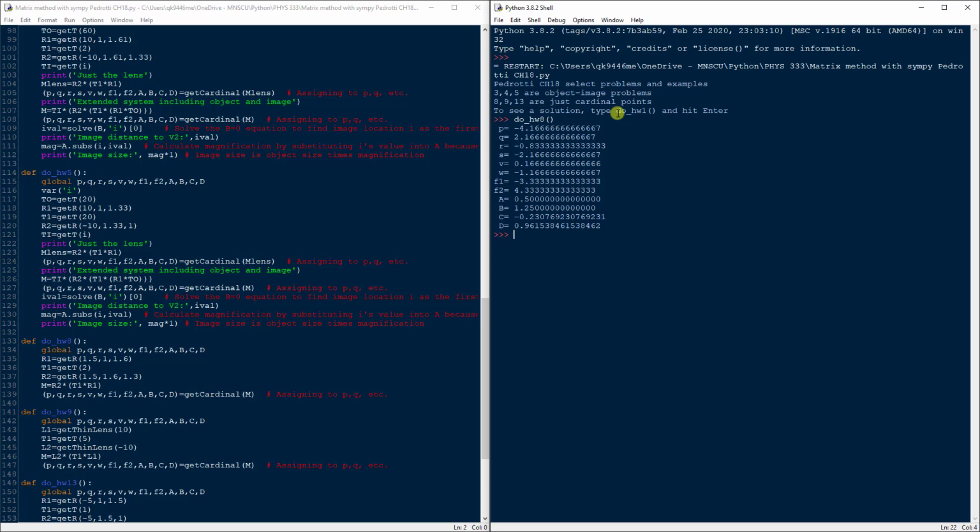For example, get R. We'll need the radius of curvature in the refraction. That is the R1 I was trying to calculate. Now I can actually just get it, and I can do a quick proof to calculate that. Let's see.